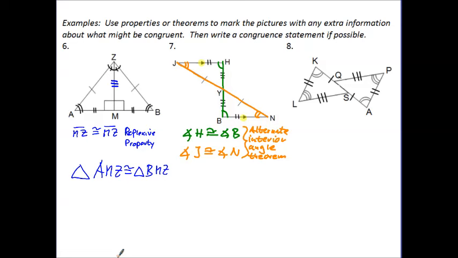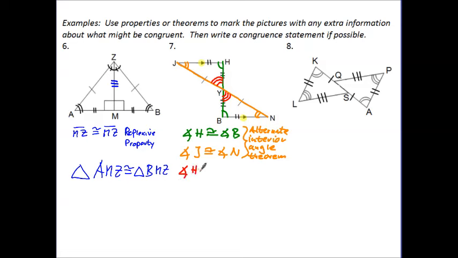And here we can clearly see that this angle and this angle again have to be congruent because they're vertical angles. And we are going to be careful this time, and we're going to write it so there are no possibilities for confusion.